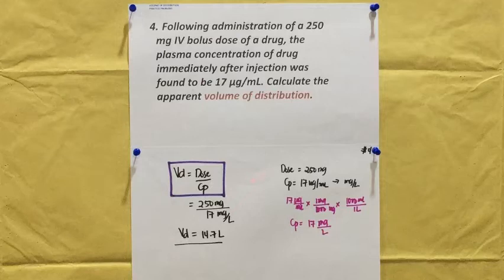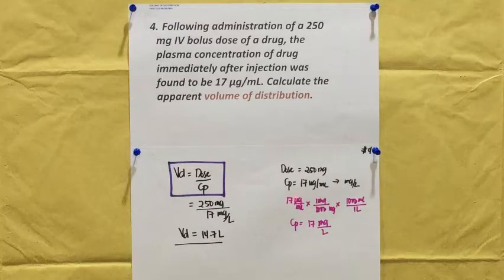So let us try to know the given. 250 milligram is the dose, while the 17 microgram per ml is the plasma concentration. Since they do not have the same unit, we are going to convert the plasma concentration into milligrams per liter.